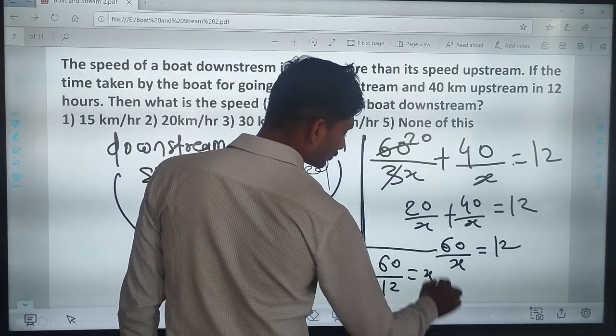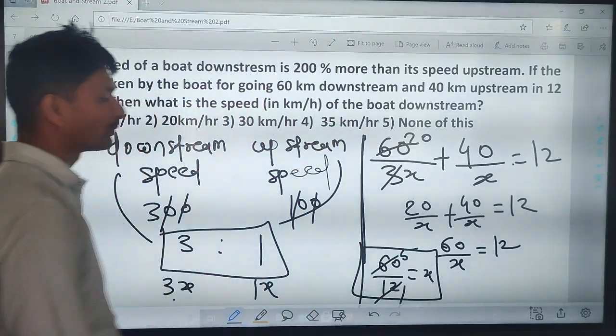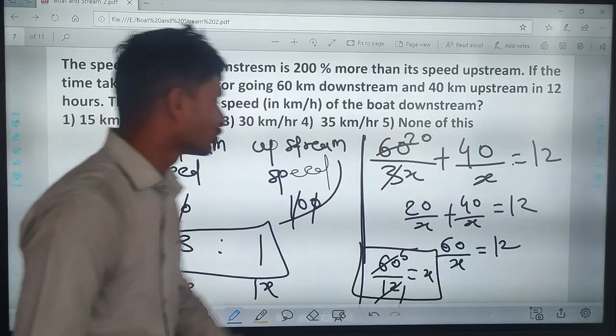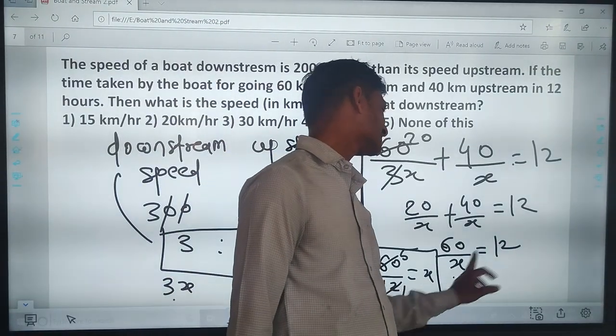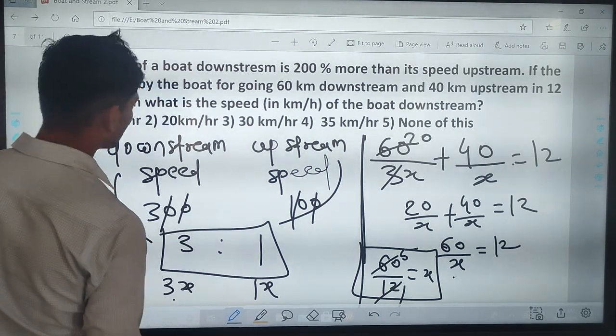Then the value of x is 5, since 60 divided by 12 is 5. Now we find the downstream speed.